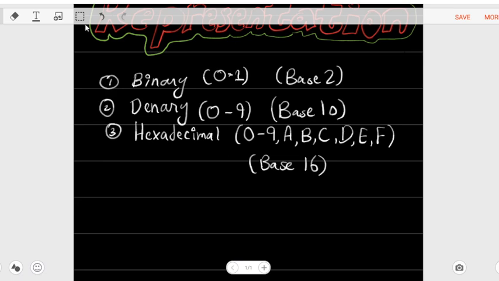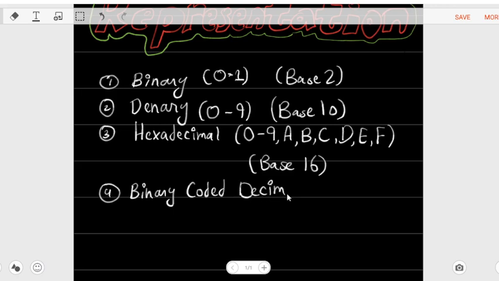Now what about the fourth system that we study in A levels? The fourth one is the BCD system. BCD stands for binary coded decimal, or BCD for short.